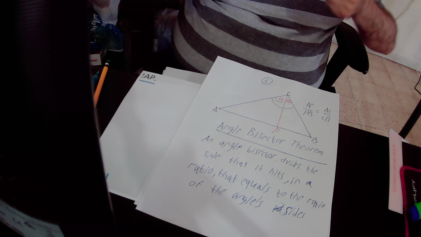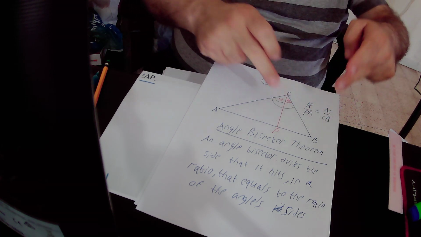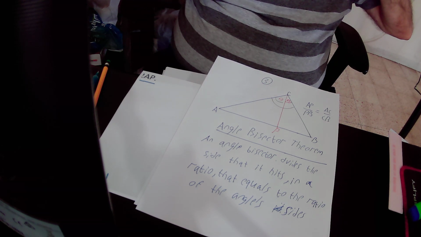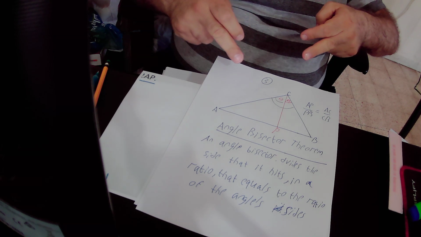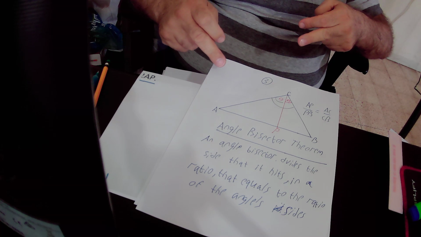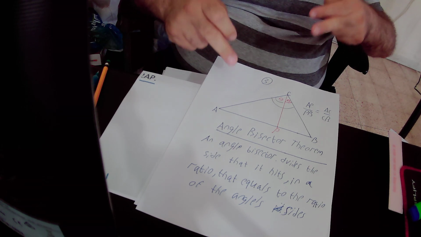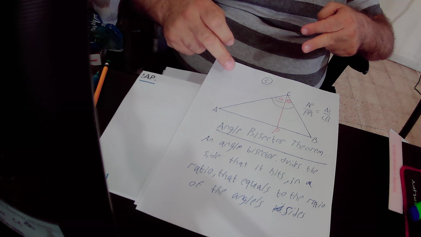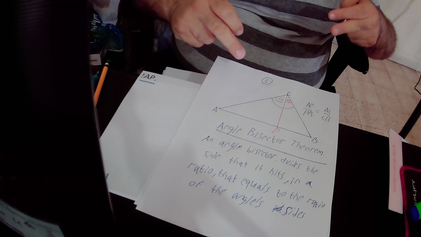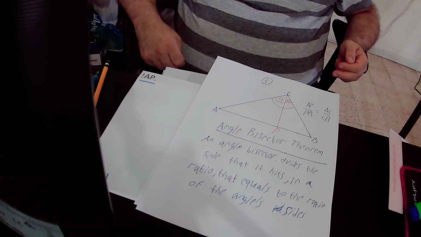And the ratio between those two parts, that is to say AP over PB, equals the ratio between the sides of the angle ACB, and the ratio between the angle's sides is AC over CB. So AC over CB equals the ratio of AP over PB. Okay?